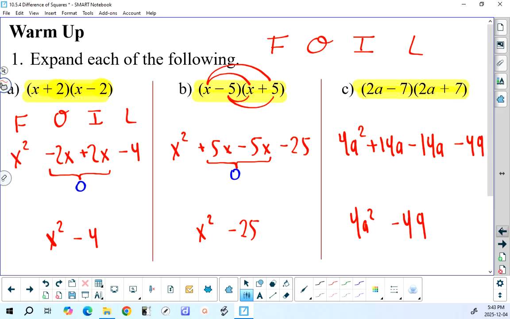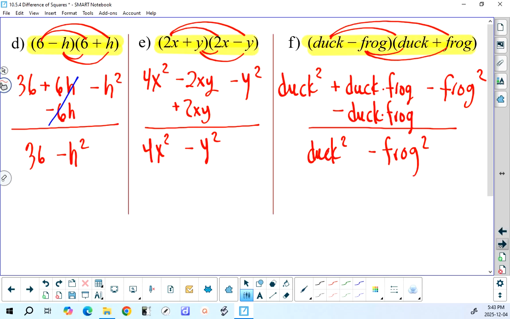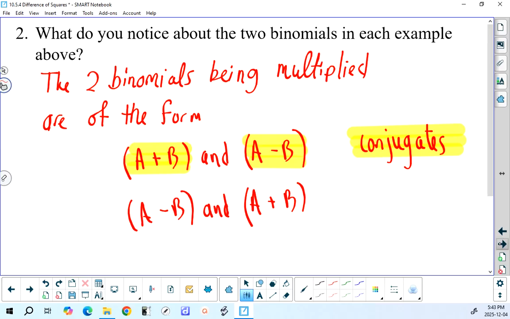C, 2a minus 7 is the conjugate of 2a plus 7, and 2a plus 7 is the conjugate of 2a minus 7. Duck minus frog and duck plus frog, those two binomials are conjugates of each other. So that's the first thing that we notice, is that the two binomials we're multiplying are conjugates.